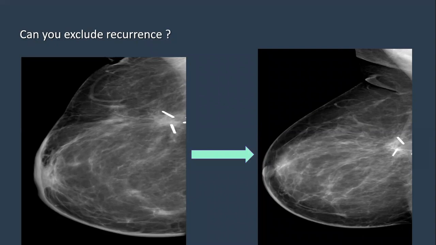Yes, decrease in the density. Now the density is decreasing.